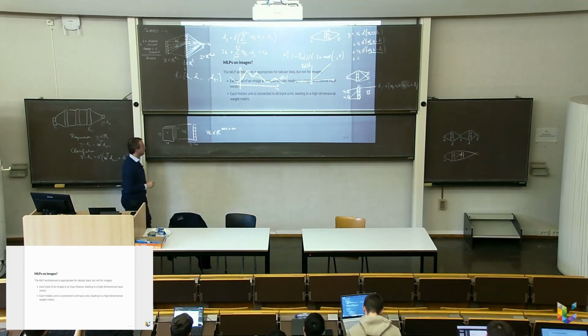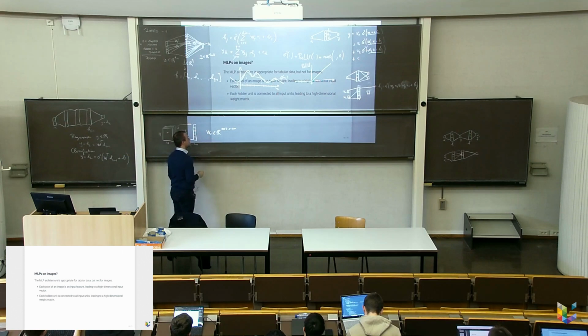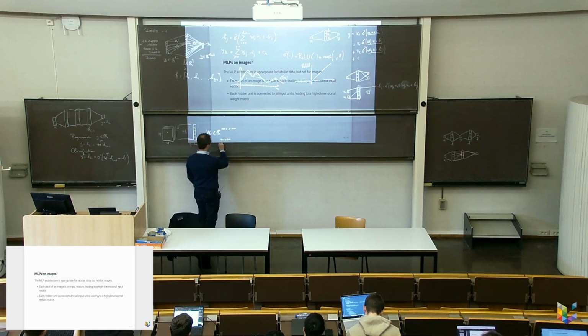Okay? So if you have low resolution images like 200 pixels by 200 pixels, which are quite small, you would have 200 by 200. So that's 40,000 times 3 times 100.